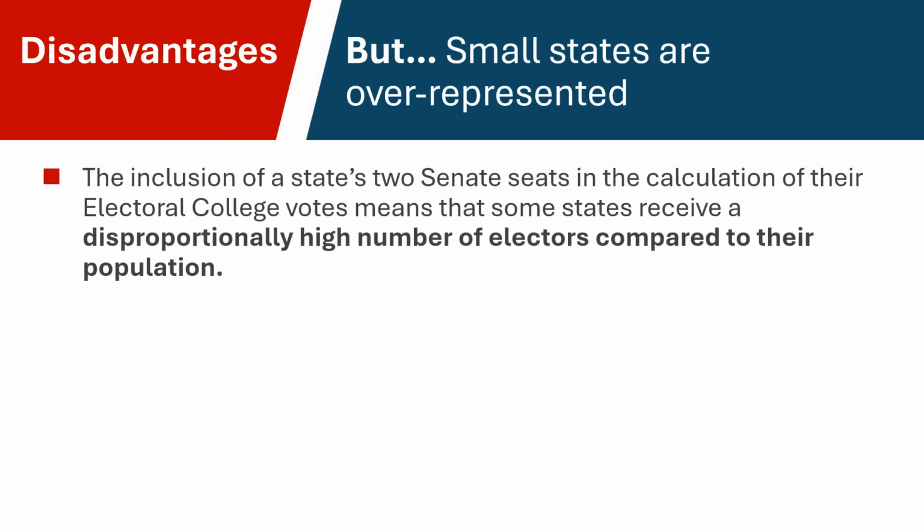However, as a disadvantage, it could be argued that small states are actually overrepresented. The inclusion of a state's 2 Senate seats in the calculation of their Electoral College votes means that some states receive a disproportionately high number of electors compared to their population.